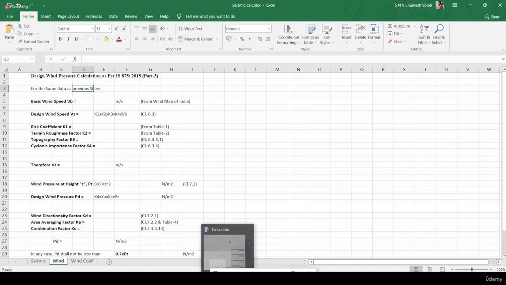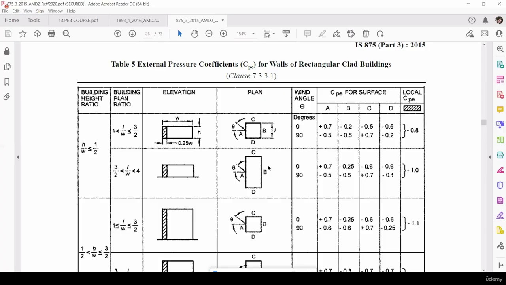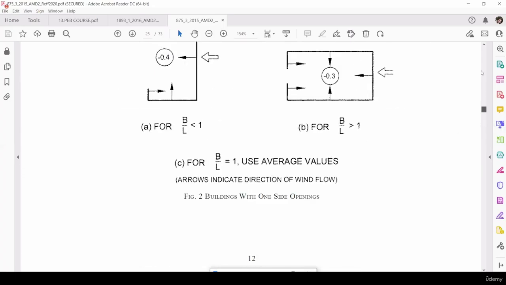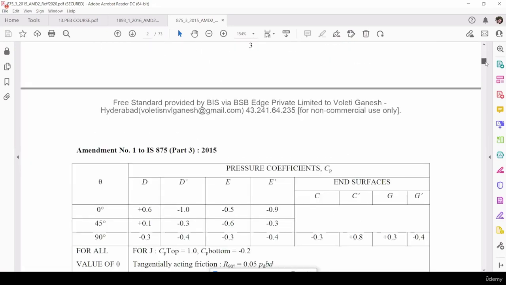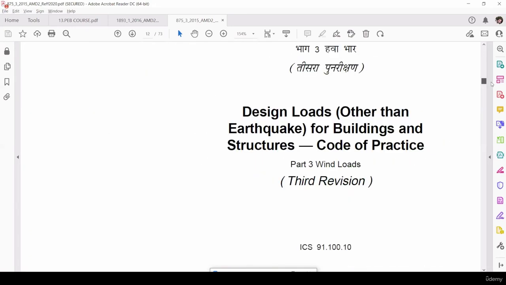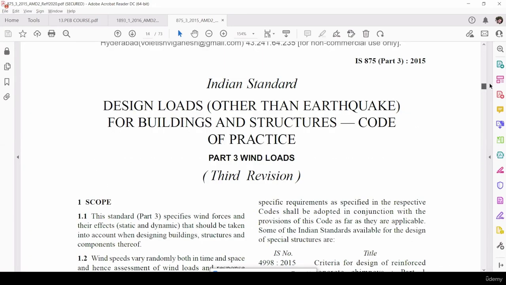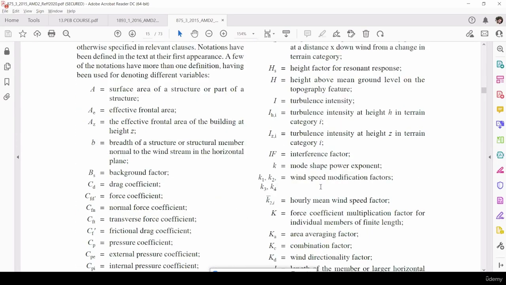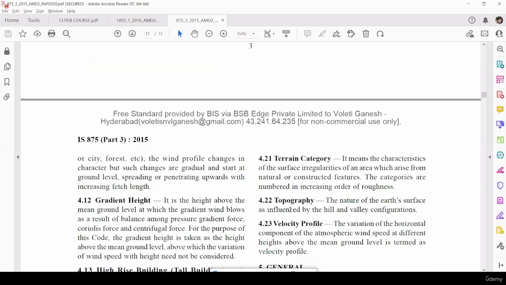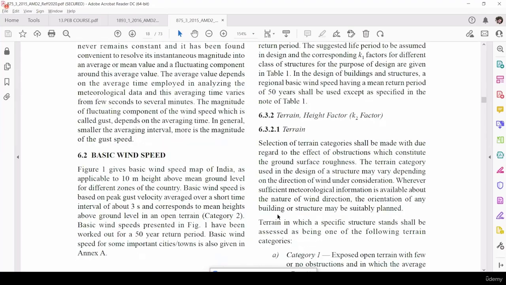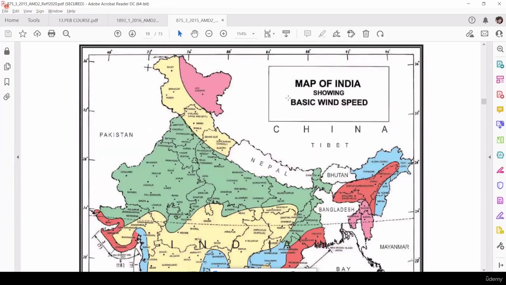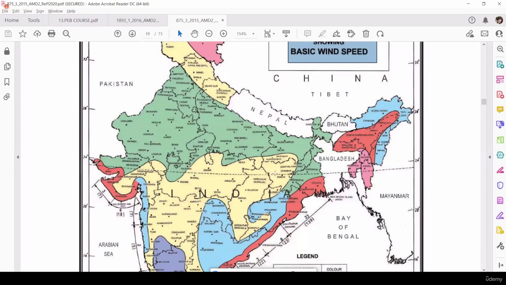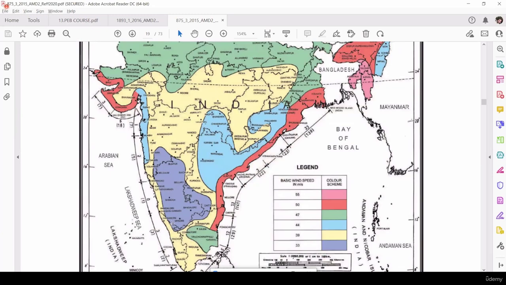If we go to IS 875 Part 3, there is one wind map. This is the map of India showing basic wind speed. I think all of you have some idea about this one.